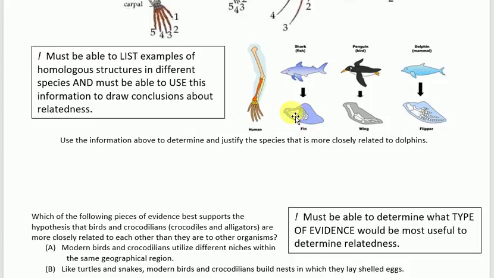But if you look, it's completely different than the dolphin's flipper. And the penguin is kind of similar, but the most similar would be the human. So your answer would be humans due to the homologous structure of the fin compared to the forearm. And you could even go so far as to list the 2 bones and then the 5 fingers type structures.